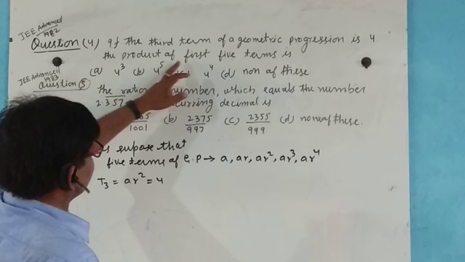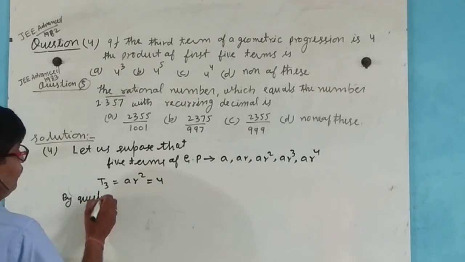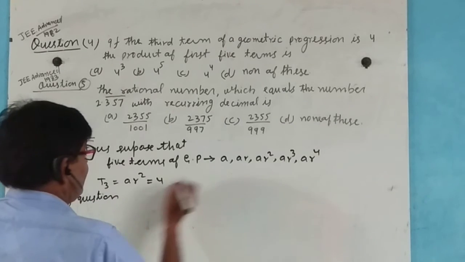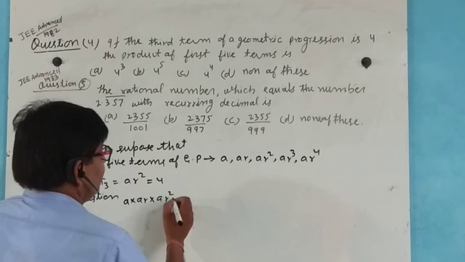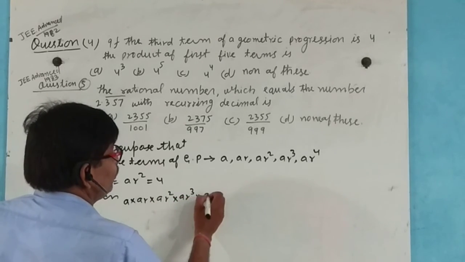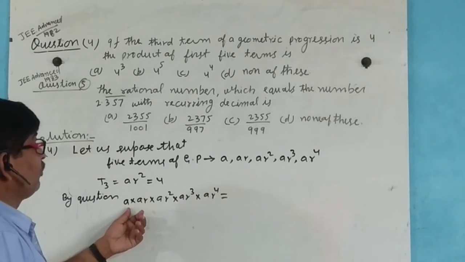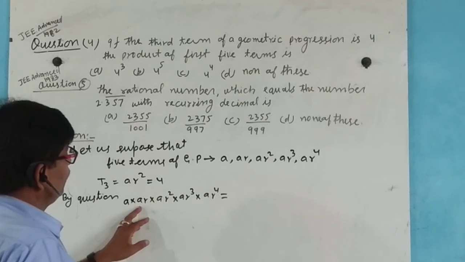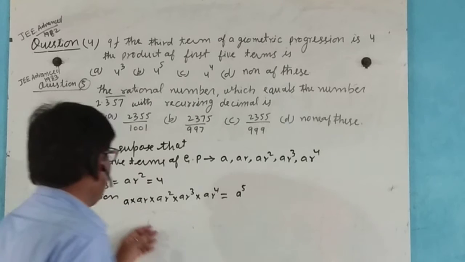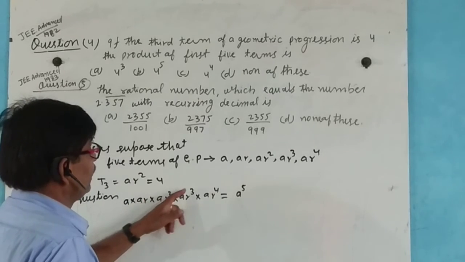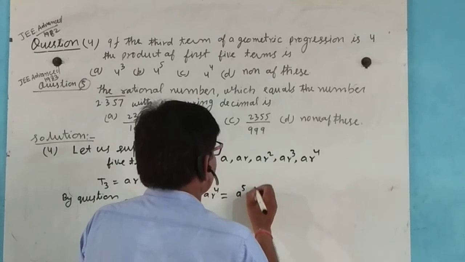and the product of first 5 terms by question, product of 5 terms a into ar square into ar cube into ar to power 4 that is equal to a to the power 5 and r to the power 1, 2, 3, 6, 4, 10, r to the power 10.